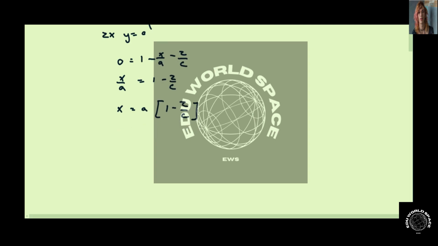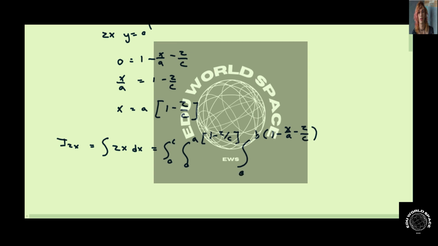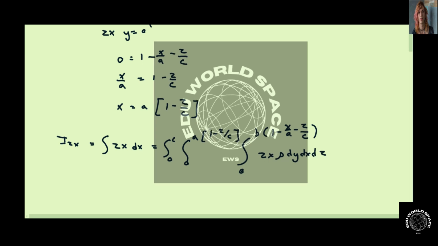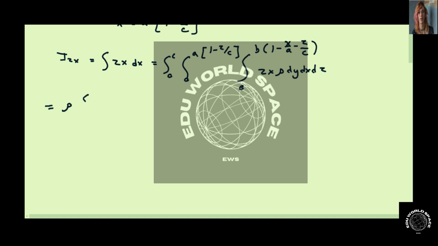And so now we can do the inertia for zx, which is going to equal the integral of yz dx, which equals the integral from 0 to c, from 0 to a(1 minus z/c), because we plug that in for x, and from 0 to b(1 minus x/a minus z/c), of zx times the density, dy, dx, and dz. And we're just going to put the density out here.